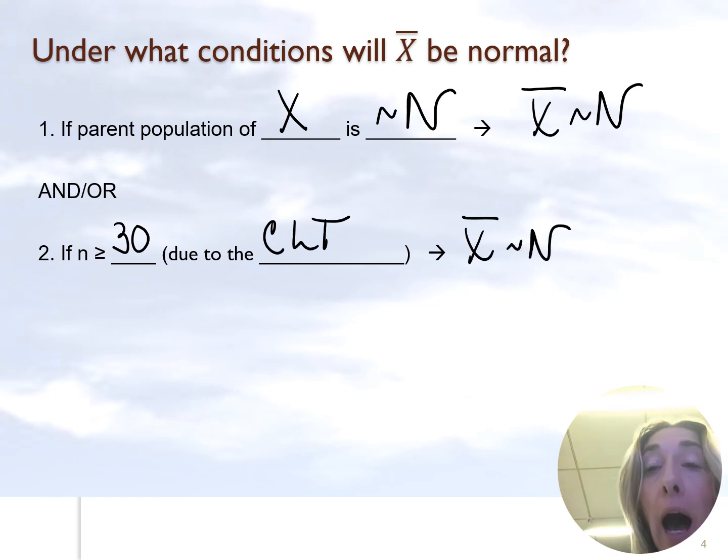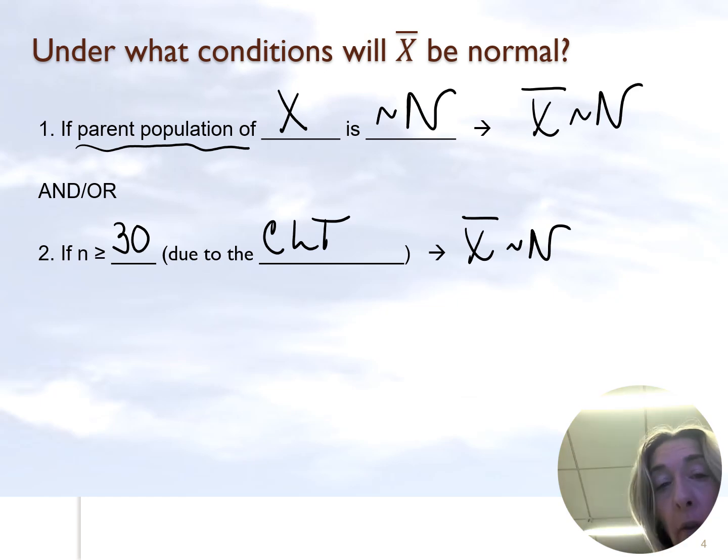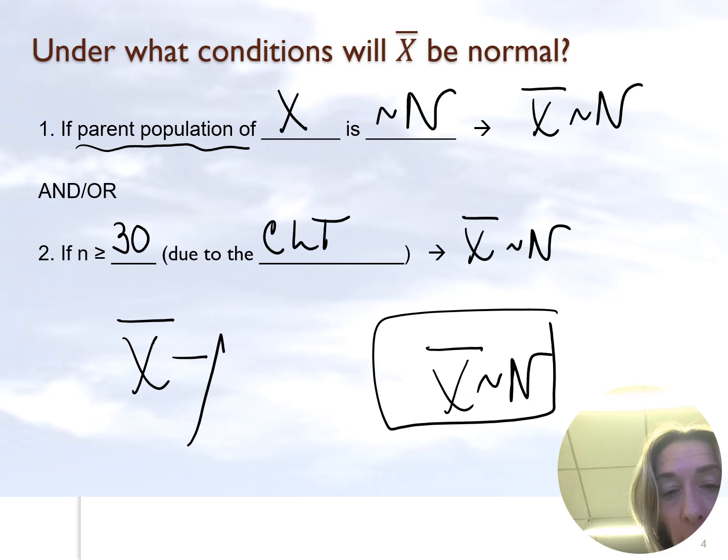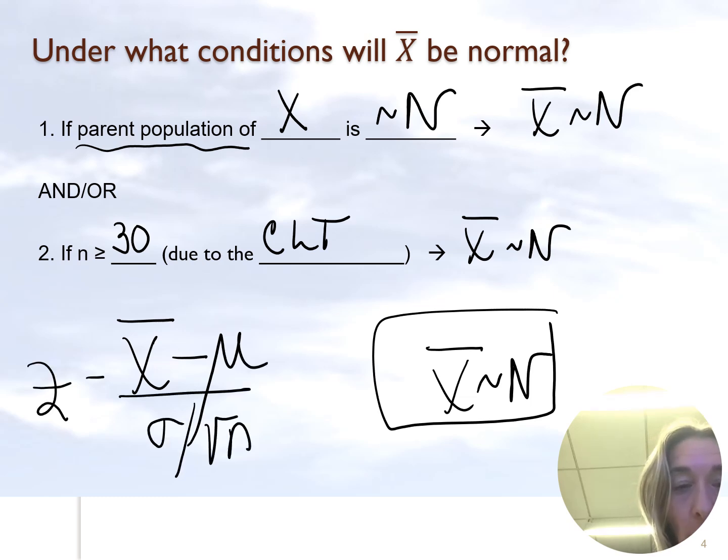So if either of these two conditions is true, or if both of them are true, then we know x bar will be normally distributed. Either your parent population is normal, or your sample size is sufficiently large, greater than or equal to 30. In which case we can standardize it to be a z value, and use the z tables in the back of the book.